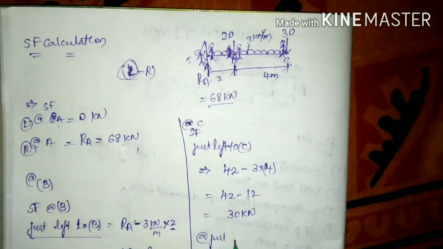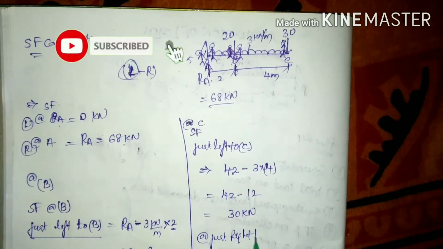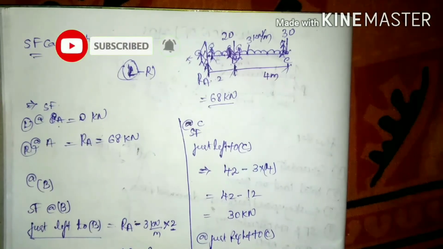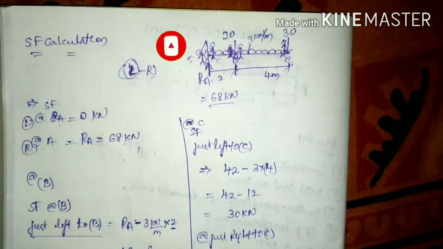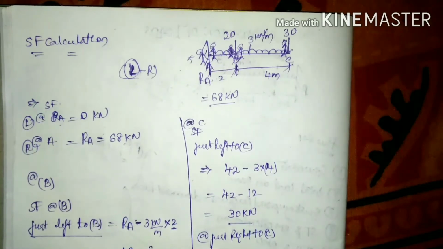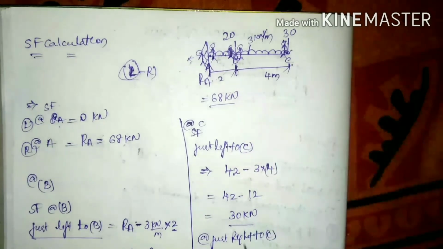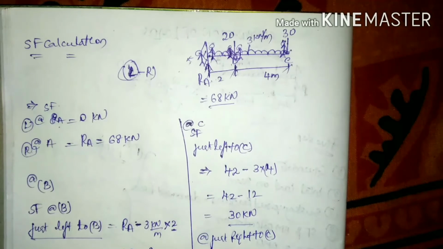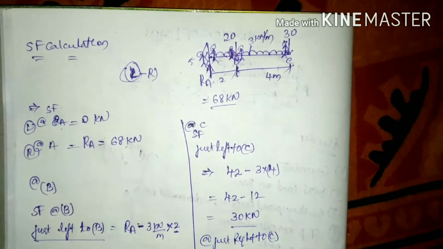Just right of C, we have 30 and a downward force of 30. It is going to be 0 kilonewtons.